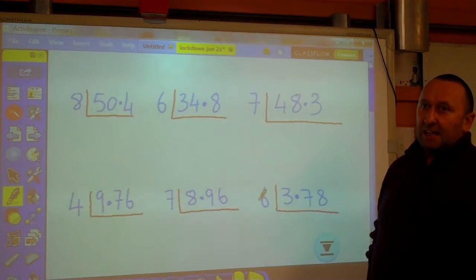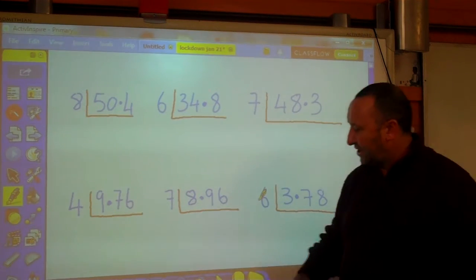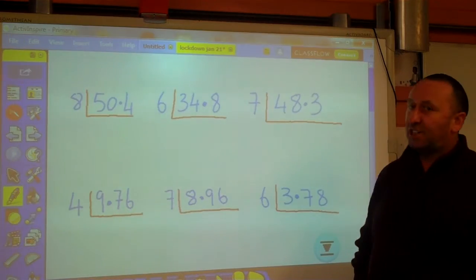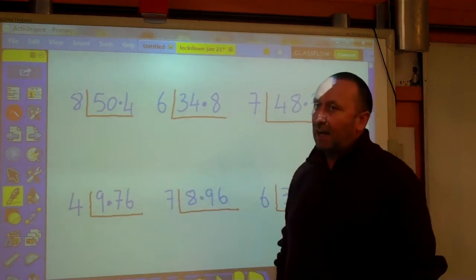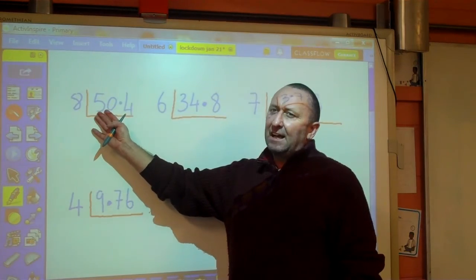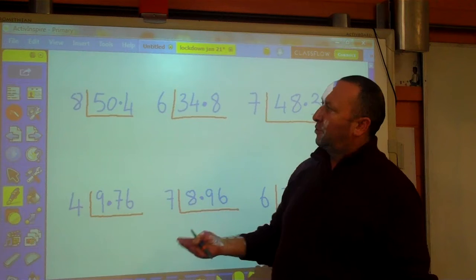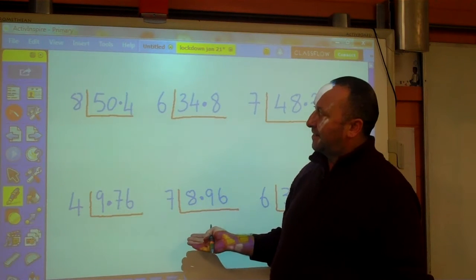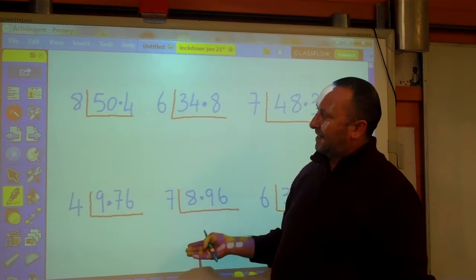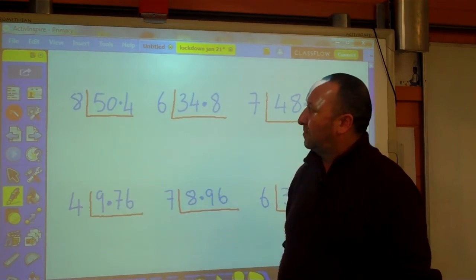So the only thing to remember is as soon as you get ready to cross the decimal point, put it into your answer, and of course know your tables. So this is saying roughly, it's important to approximate to 50 divided by 8. Well, knowing my tables, 8 sevens is 56, 8 sixes are 48, so my answer is going to be around 6 something using approximation.